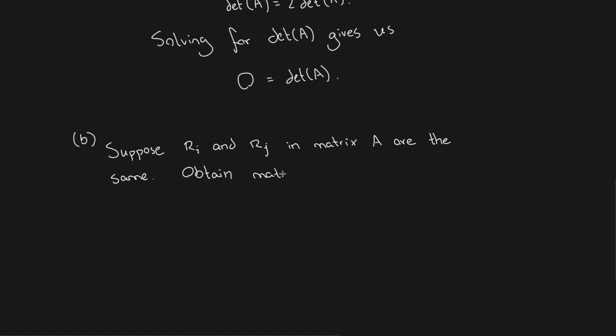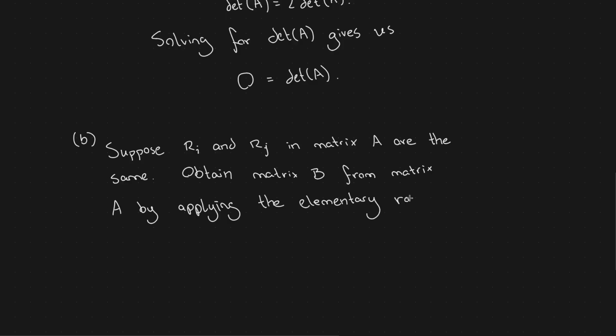Obtain matrix B from matrix A by applying the elementary row operation negative Ri plus Rj is the new row J. Okay?